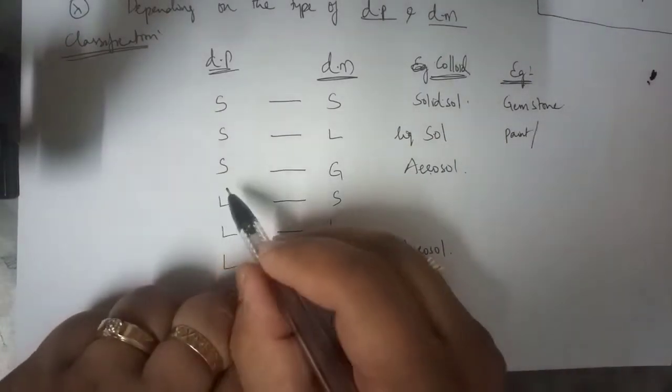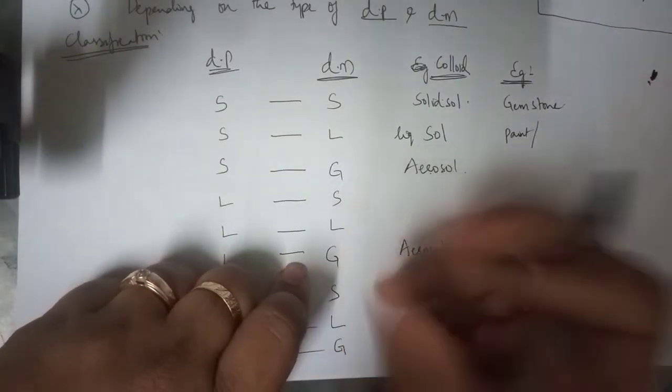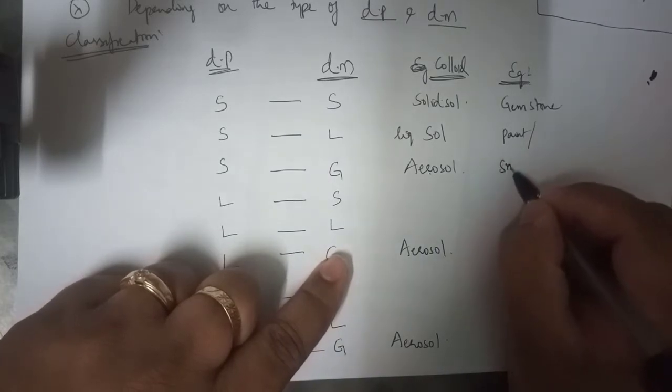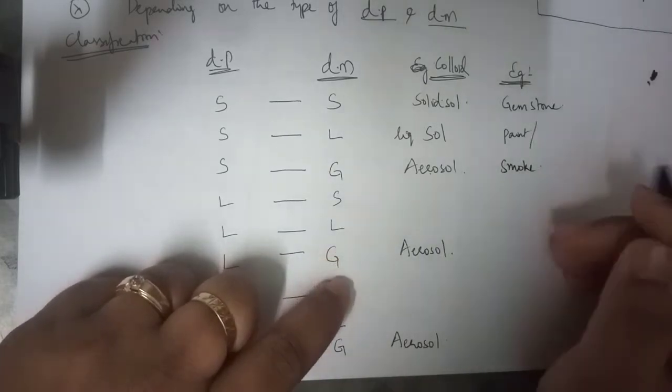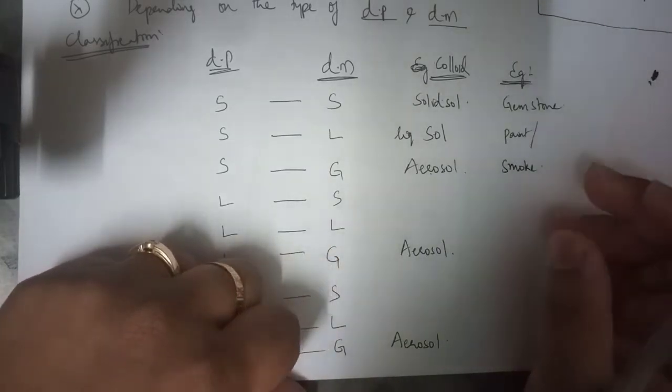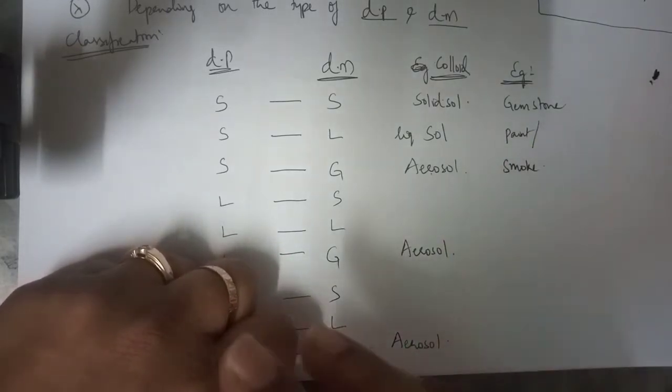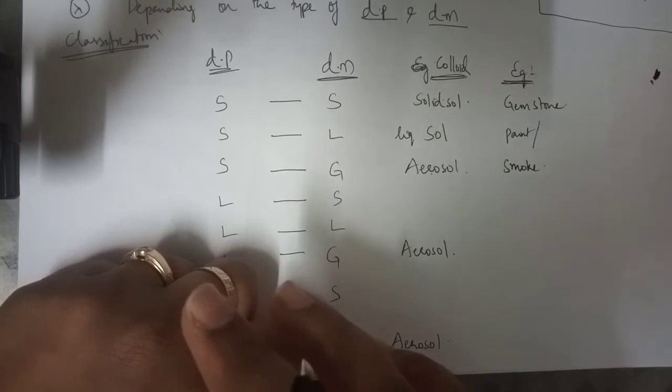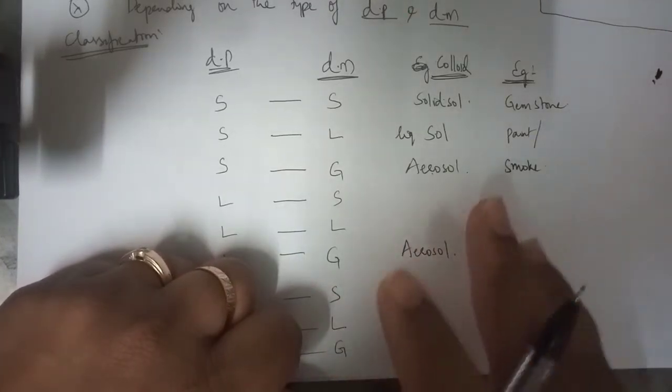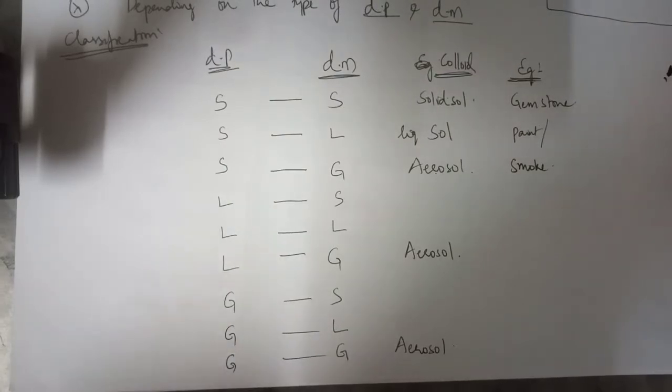Fine. And for solid in gas, the best example is the smoke. In metropolitan cities, you see huge smoke, and the atmosphere is very brownish at night times, especially because it is full of smoke, the dust particles and all.